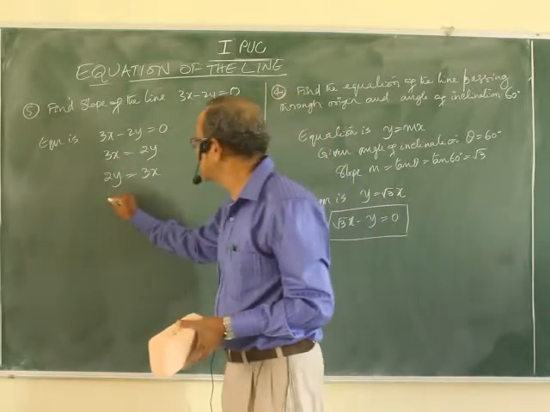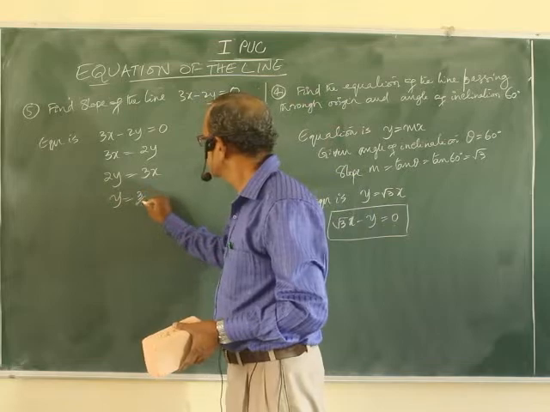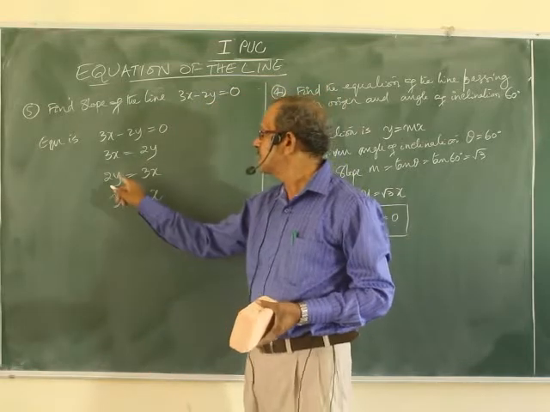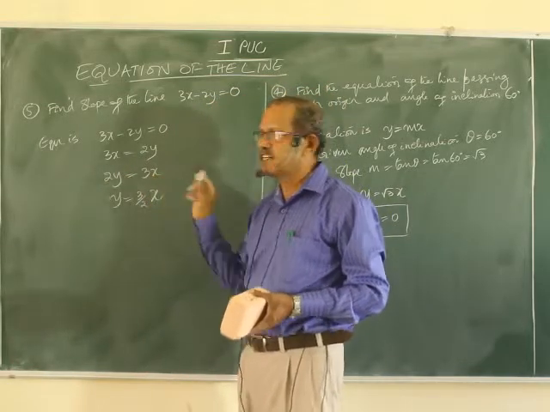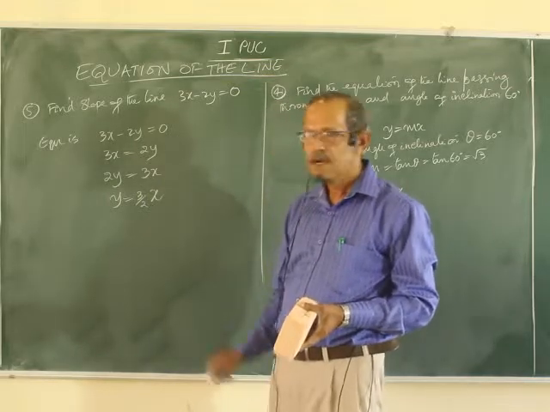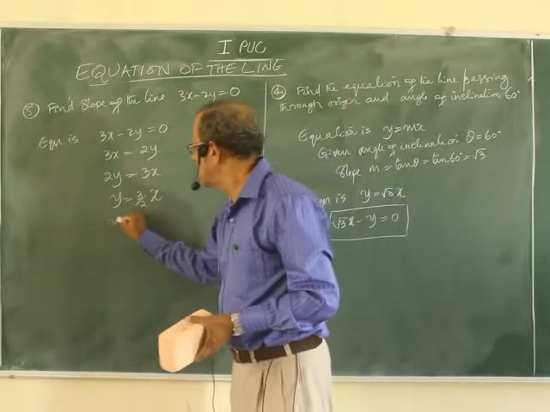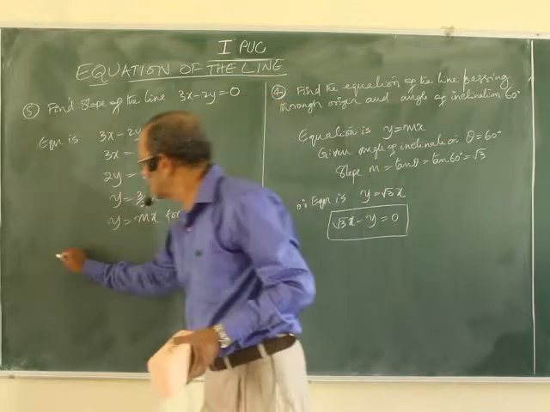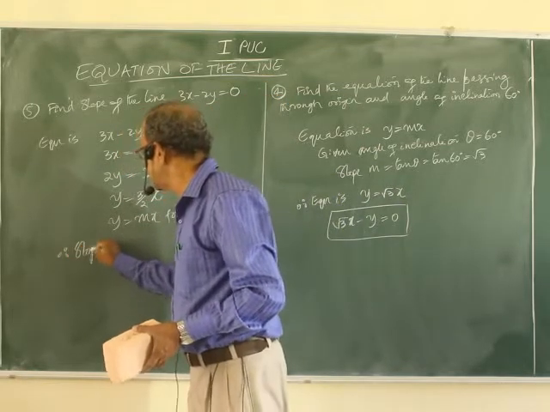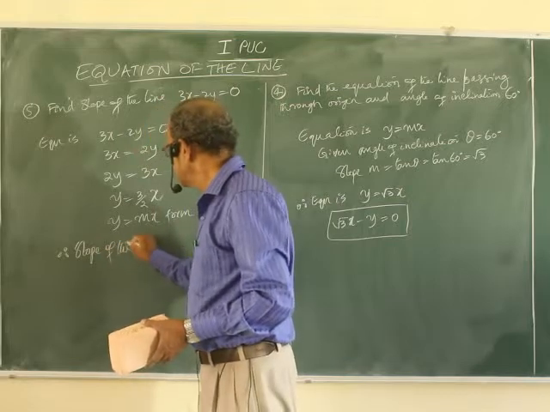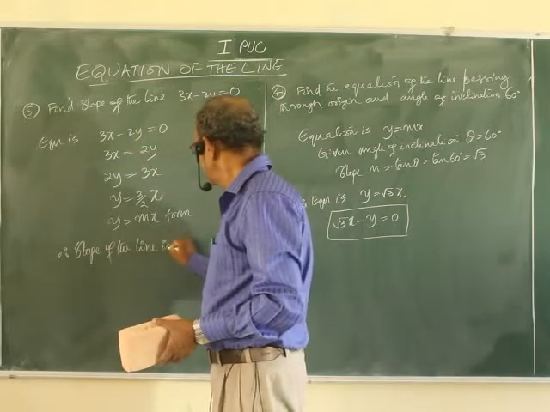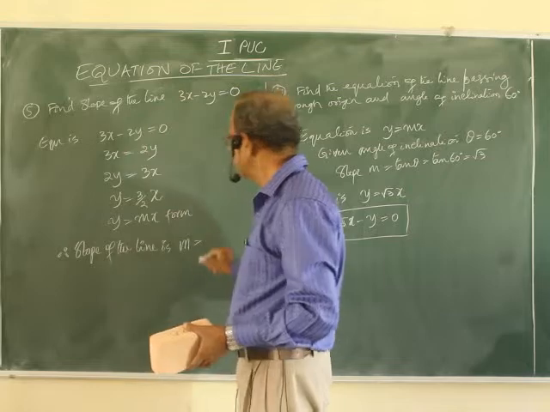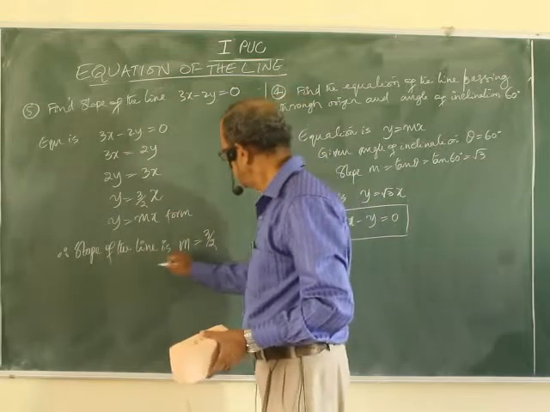Now write y equal to 3 by 2 x. Y equal to mx form. Therefore, slope of the line is m equal to 3 by 2.